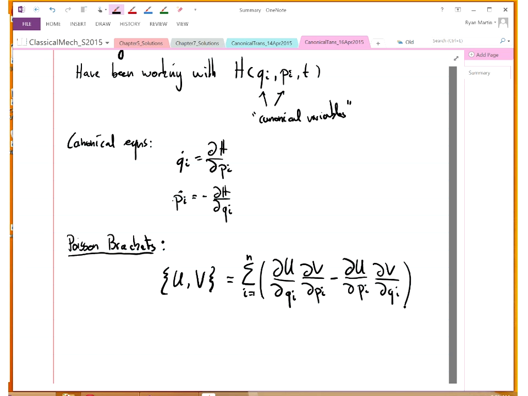We saw these Poisson brackets have a bunch of properties, some of which you were asked to prove in the assignment that's due tomorrow.